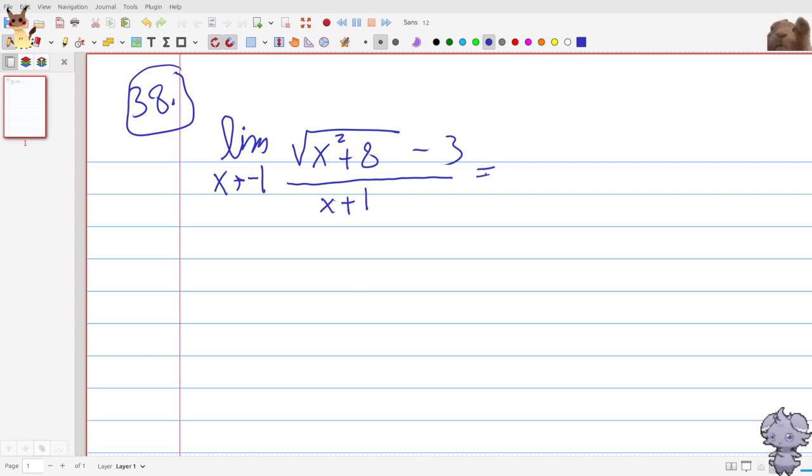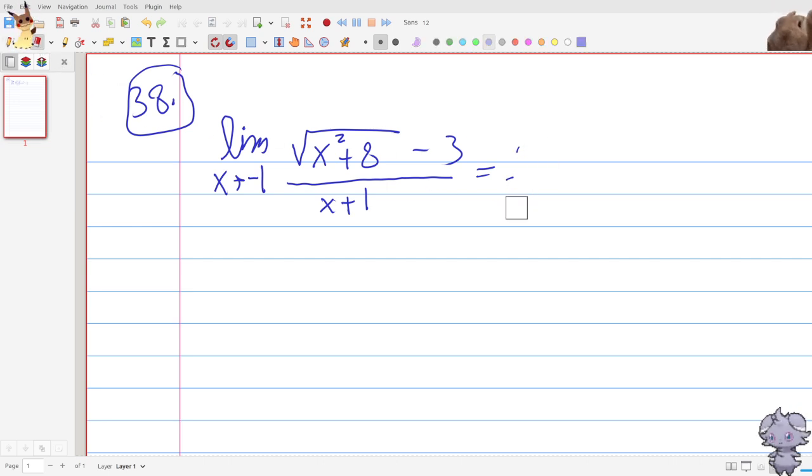If we plug in the numbers, the square root of 9 is 3, and 3 minus 3 is 0, and minus 1 plus 1 is 0. So we divide by 0. We have the same issue as the previous problem. How do we deal with this?